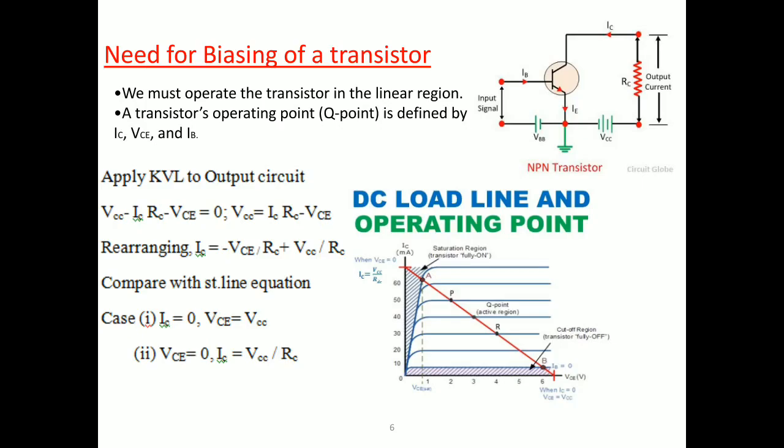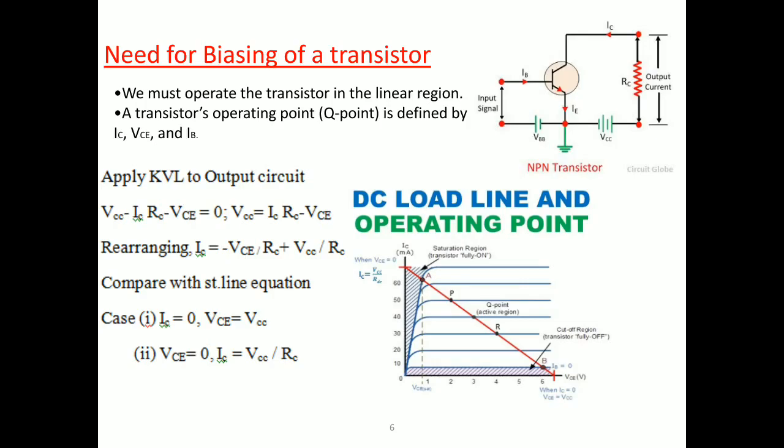It depends upon the IC, VCE and the IB value. We know IC, the collector current, VCE, which we have just discussed, and the IB value. Based on my values of IC, VCE and IB, the Q point is fixed. This Q point is very important for the analysis of the operation of the given transistor. For this we can go for the DC load line concept.